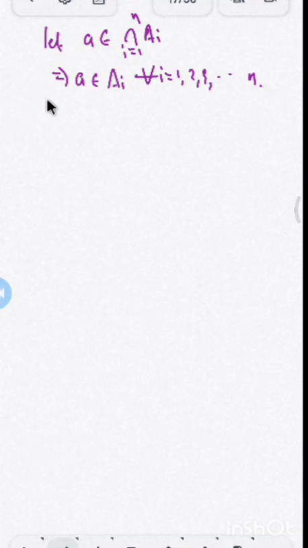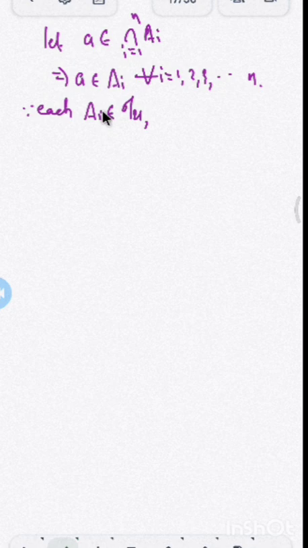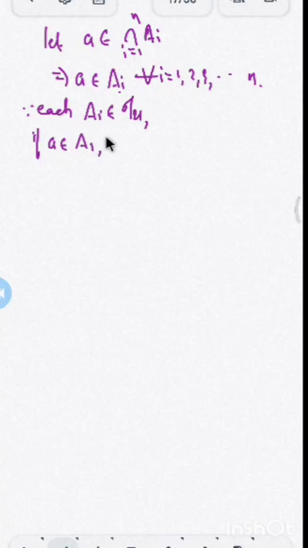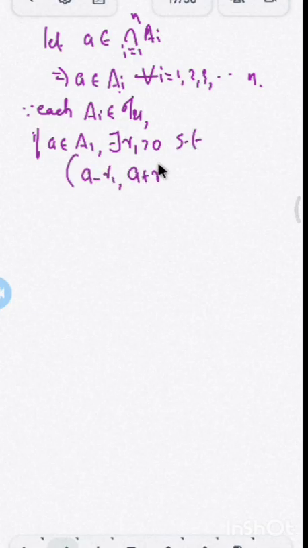And what do you know about these Ai's? Since each Ai belongs to tau u, corresponding to every i, for each Ai there will be a corresponding radius R1, such that A minus R1, A plus R1 belongs to. Look, if A belongs to A1, what you can say about A1 is a member in tau u, there exists some R1 greater than 0 such that the interval of the form A minus R1, A plus R1 will be contained in A1.